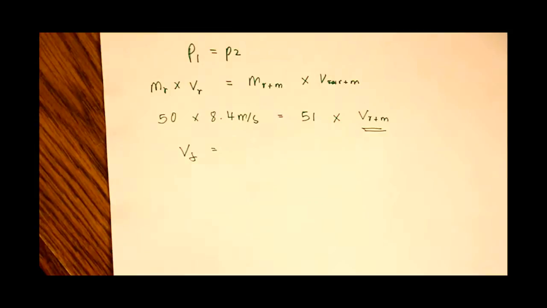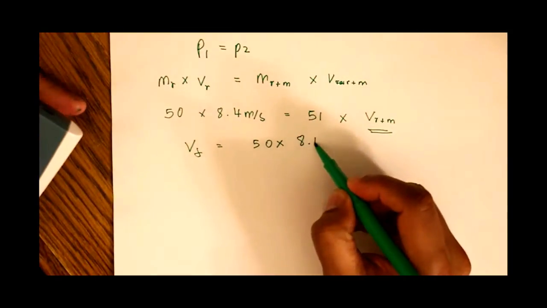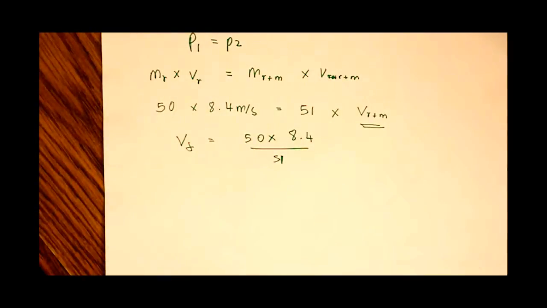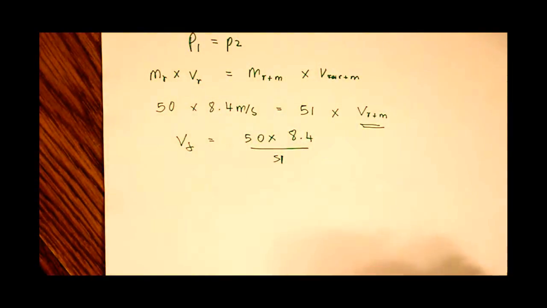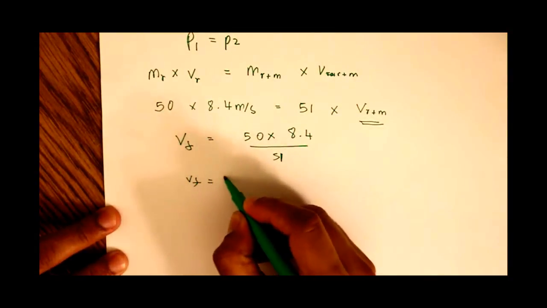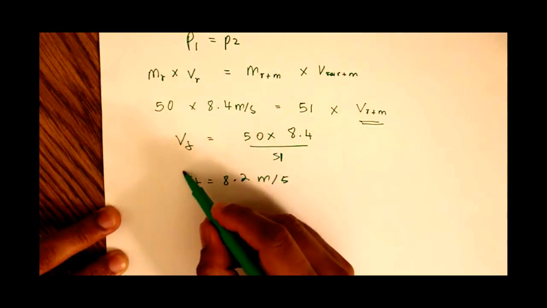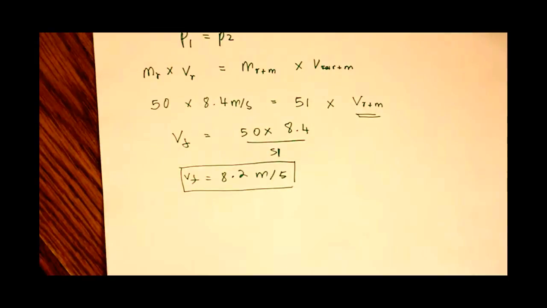So we just do 50 times 8.4 over 51. 50 times 8.4 divided by 51 gives us a final velocity of 8.2 meters per second. So that's what the question asked of us, and that is what we found out.